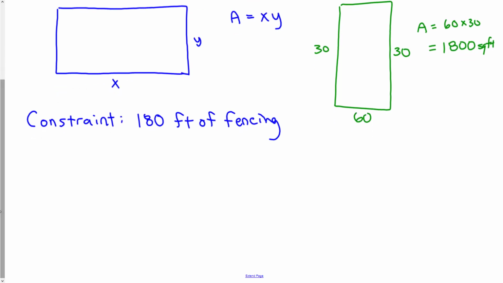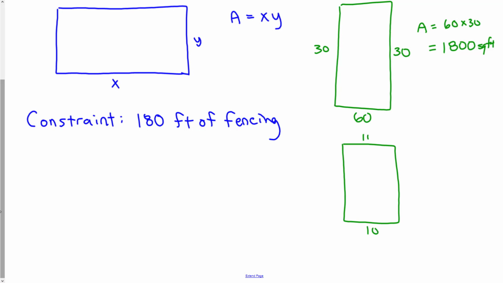There are other gardens, and they would have different areas, a different set of numbers here. Again, this probably won't be to scale. Let's say I have one side at 10 feet.